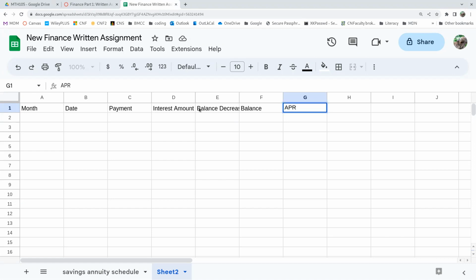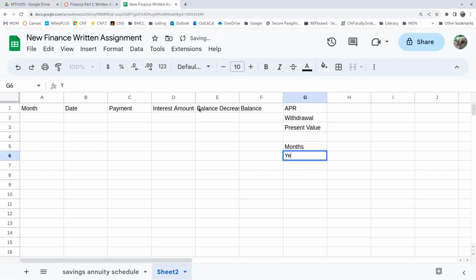Okay, and then those are our columns, and then some initial information to start with is I need the APR for the account. I need the withdrawal amount that I'm gonna take out. And I need the current value. So let's call that present value of the annuity. And then eventually I'm going to figure out how many months it took for that to happen.